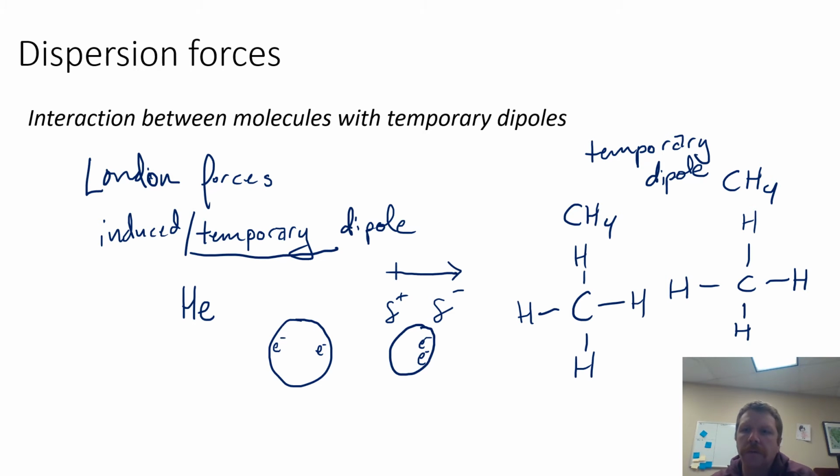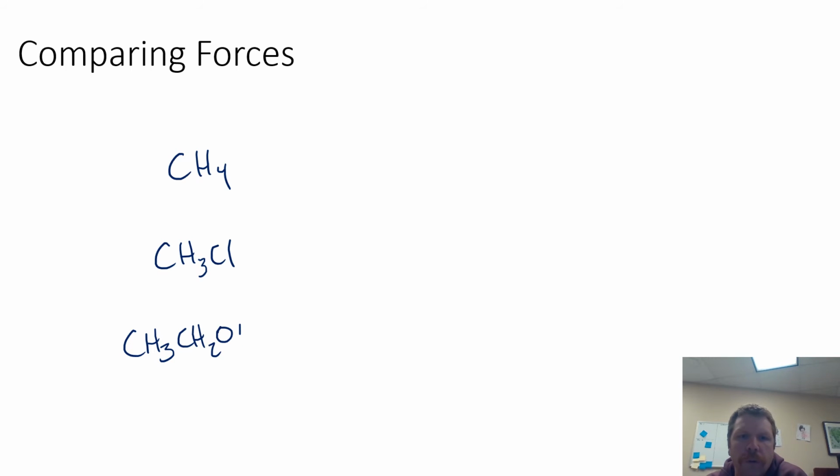Okay, so now let's take a look and compare some of these different molecules and ultimately what they can mean. We're going to look at 3 different molecules: methane, CH4, then CH3Cl, and finally CH3CH2OH.